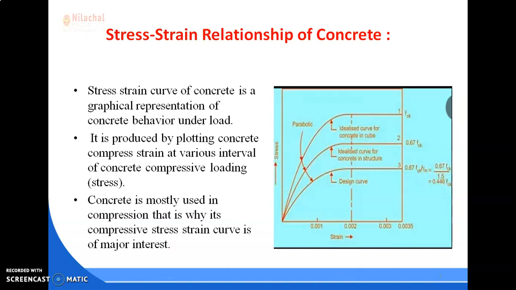The relationship is linear in the initial stages but becomes non-linear, reaching a maximum value like this, and then a descending portion is obtained before concrete finally fails. The curve is usually obtained by testing a cylinder with a height to lateral dimension. So, this is the stress strain curve.